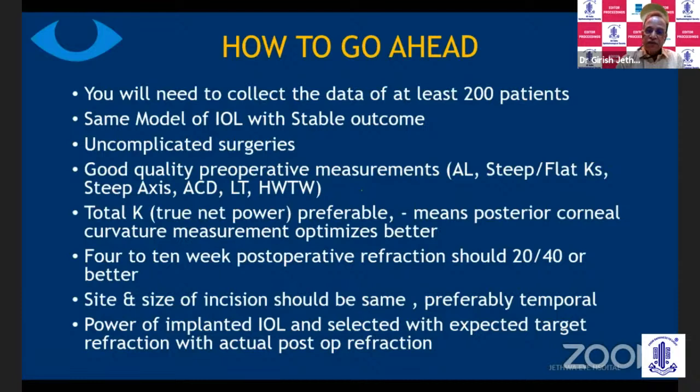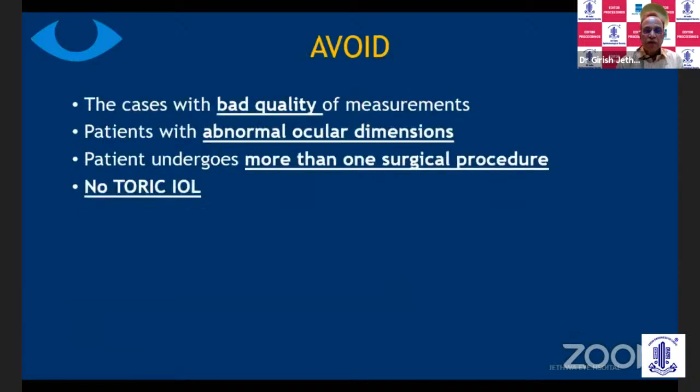Size and site of the incision should be the same, preferably temporal, and we have to enter all this data, including postoperative refraction, into the Excel sheet supplied by the optimization sites. We should avoid bad quality measurements, abnormal ocular dimensions, more than one surgical procedure, and we should avoid toric IOLs and even extended depth of focus IOLs, because they may mix up the results.